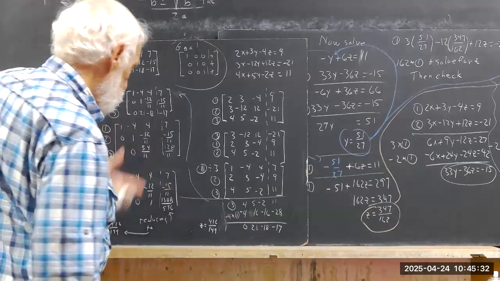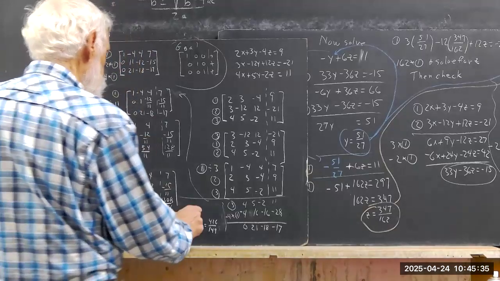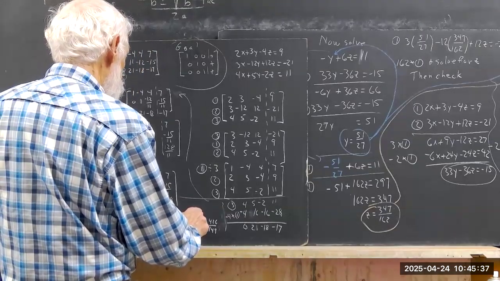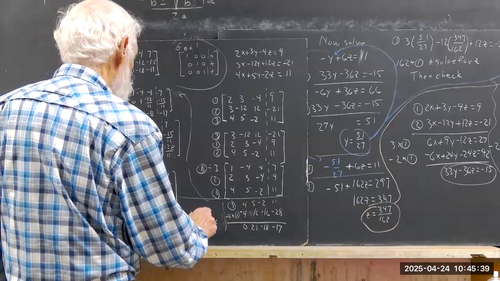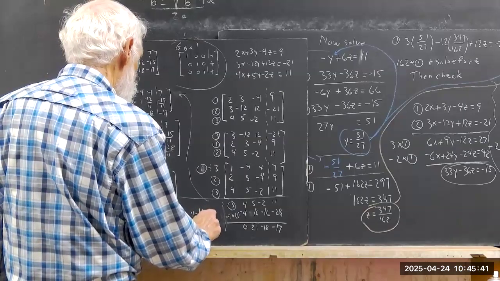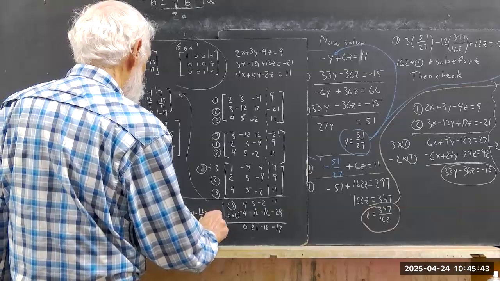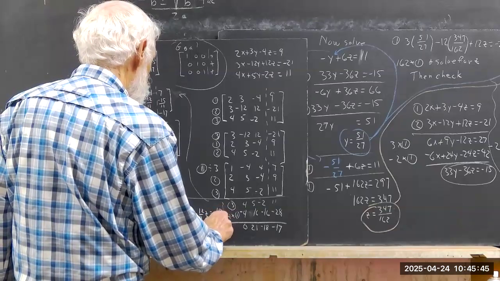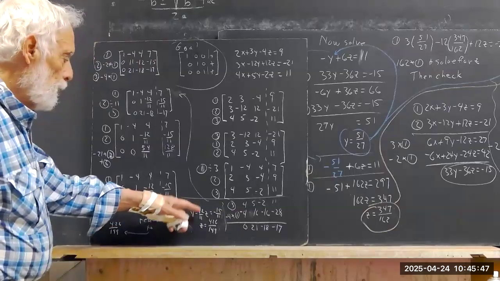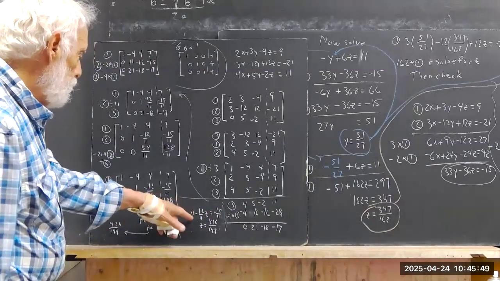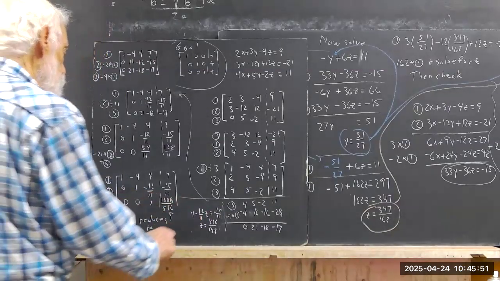If I reduce that correctly, and if I did all my fractions correctly, which is very questionable, then I have y minus 1211 z equals negative 15 over 11.